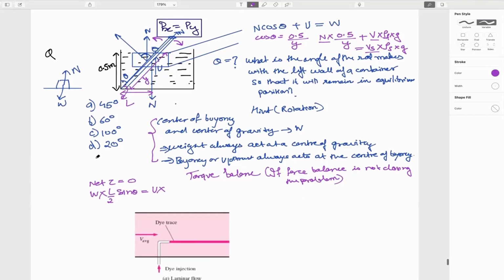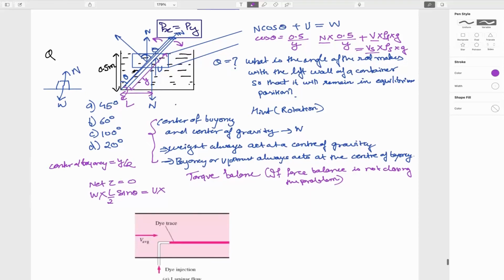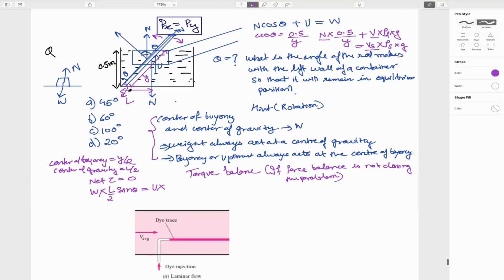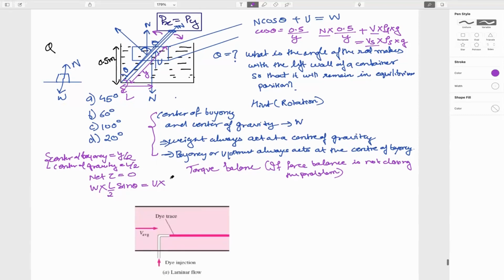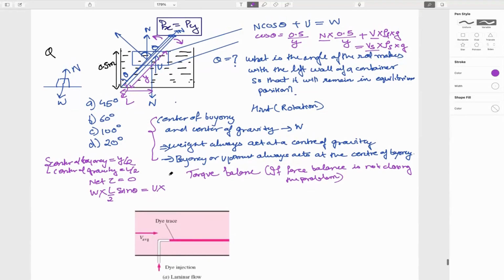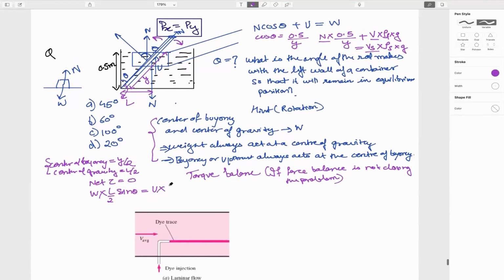Center of buoyancy in this case is y by 2, and the center of gravity is L by 2. That's the difference between the two. Keep it in mind, that is very important for solving this question. This is a bit difficult question.